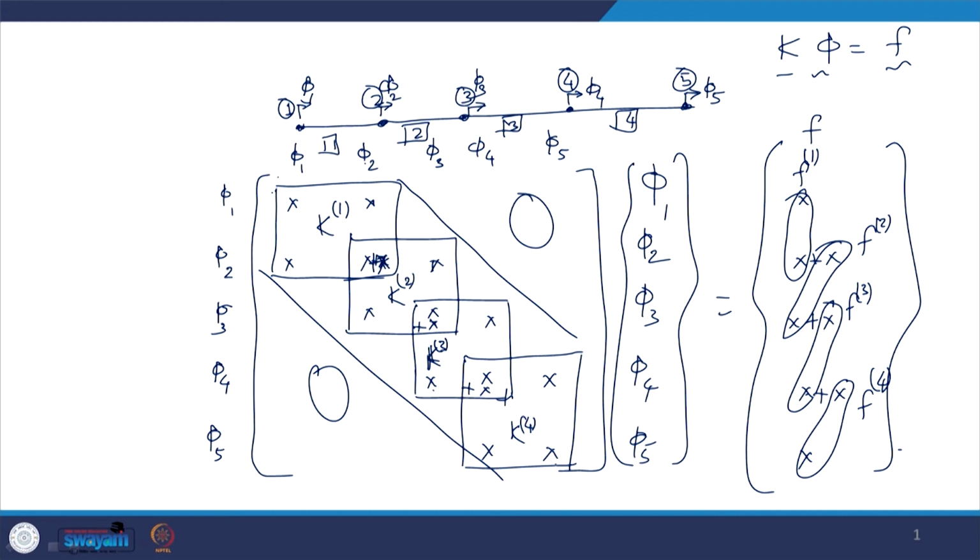So, we can actually work with only the upper half, and that leads to very efficient compact storage schemes for numerical solution, and that is how the commercial finite element solvers are usually arranged.